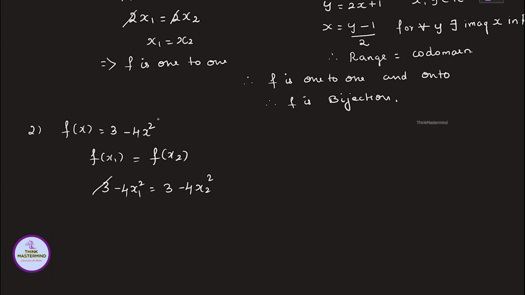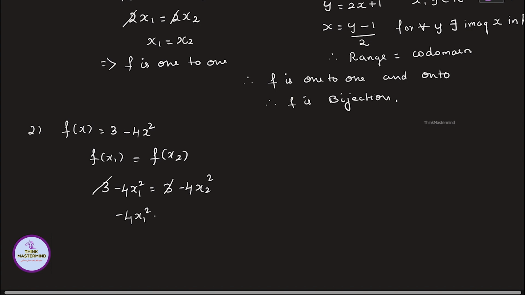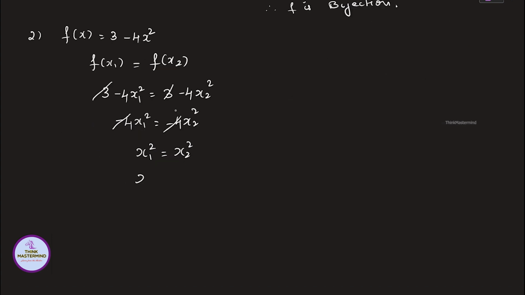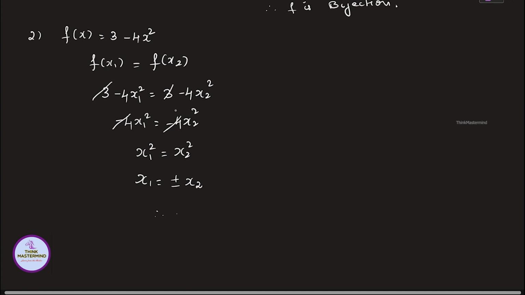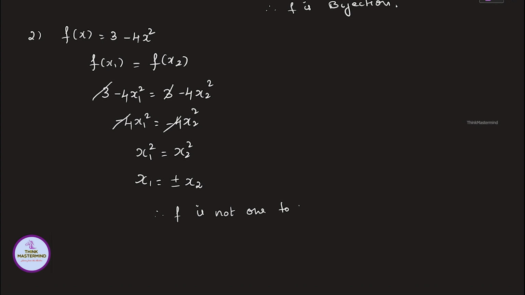So 3 is cancelled and minus 4x1 squared is equal to minus 4x2 squared. So minus 4 is cancelled on both sides. That is x1 squared is equal to x2 squared. That implies x1 is equal to plus or minus x2. Therefore f is not a 1 to 1 function.